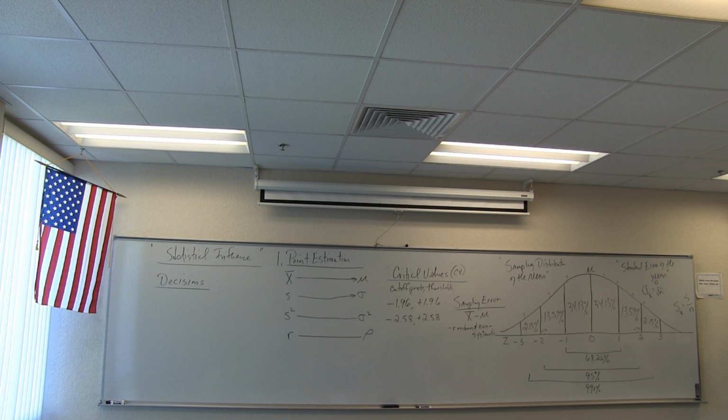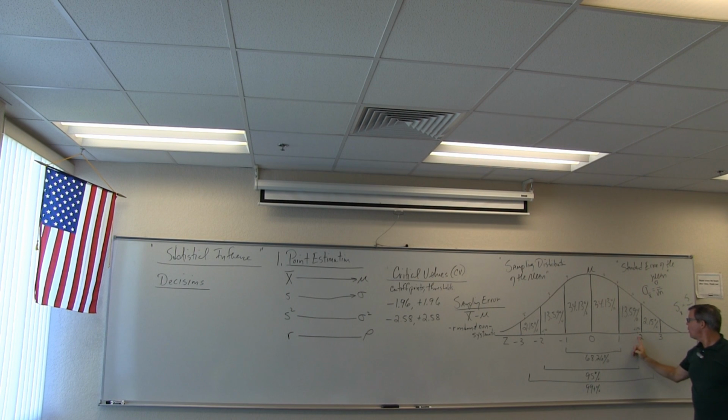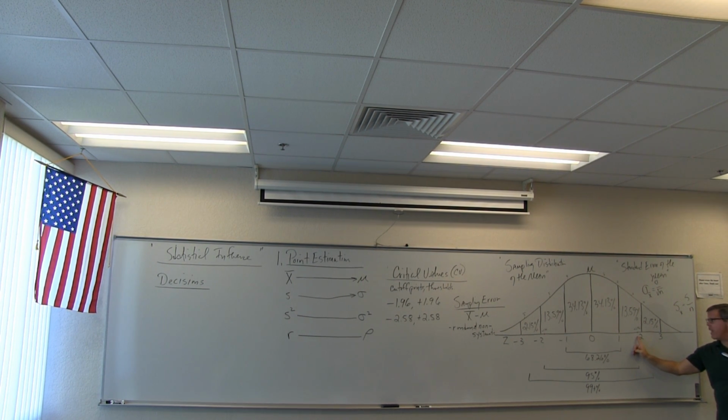And actually, if you get your z-tables out in your books and you go to a positive 1.96, you will see the number 0.9750, and that's the area from here back. 0.9750 plus 2.5% is about 100%.